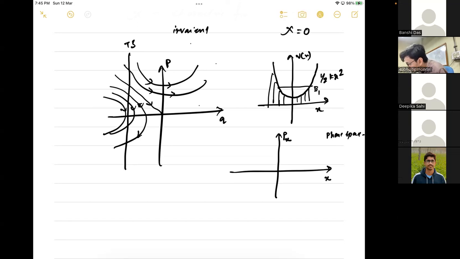Let's say you start from here. It will go like this and then come back, right? For a harmonic oscillator, periodically it will do like this. Let's say you start from here.